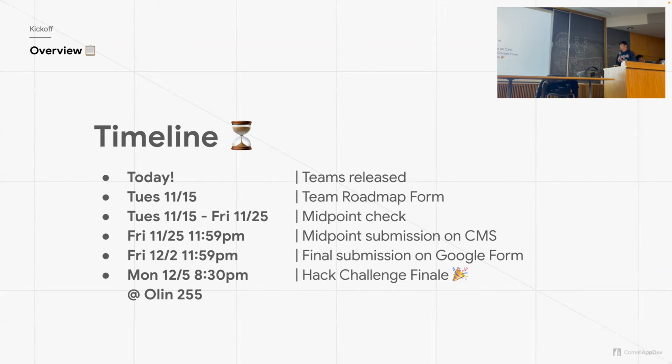Tomorrow is when the team roadmap form, the team contract, is due. Between tomorrow and next Friday is when your mentor is going to check in with you individually to see how you're doing. Next Friday is when the midpoint submission is due. The Friday after that is when the final submission is due, and the Monday following that is the finale where we announce the winners.